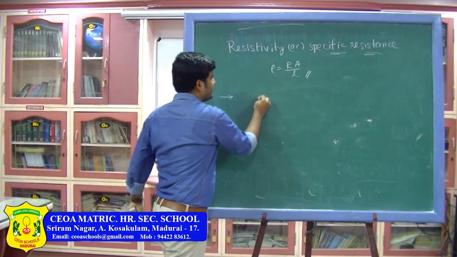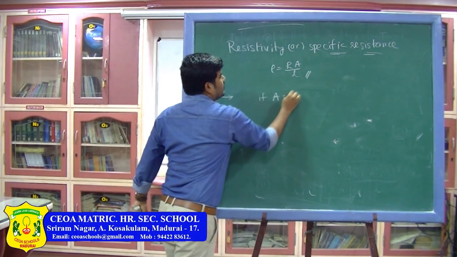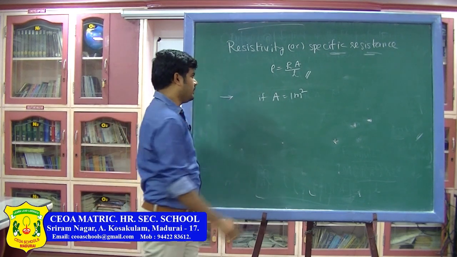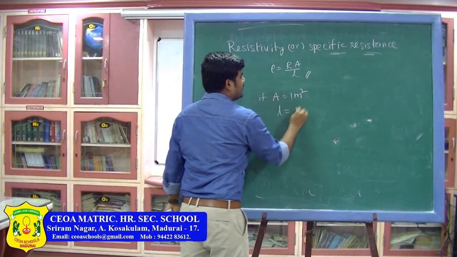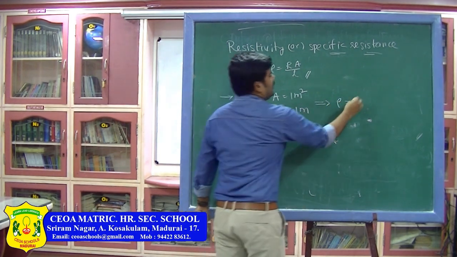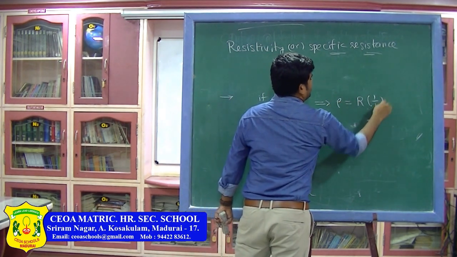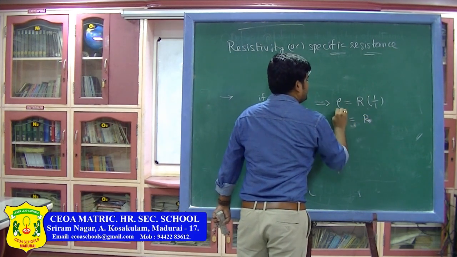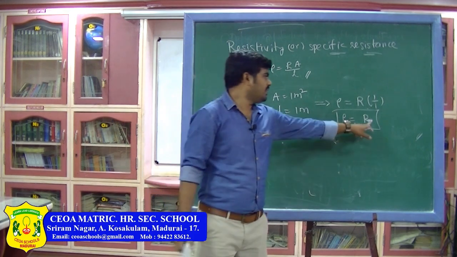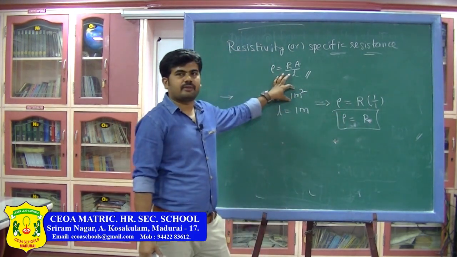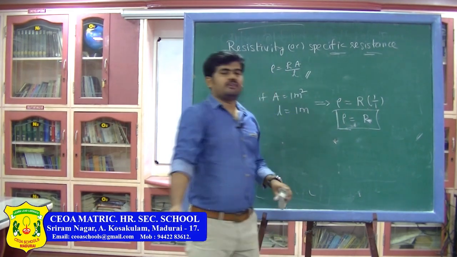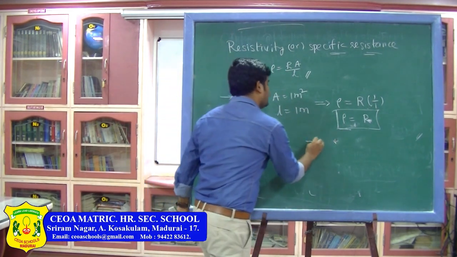Suppose in this equation I take area equal to 1 meter square and length of the material 1 meter, that implies resistivity rho becomes R into 1 divided by 1, that means R. So, you can say electrical resistivity is the resistance of a material of unit area of cross section and unit length. That is the definition for electrical resistivity, and its SI unit is ohm meter.